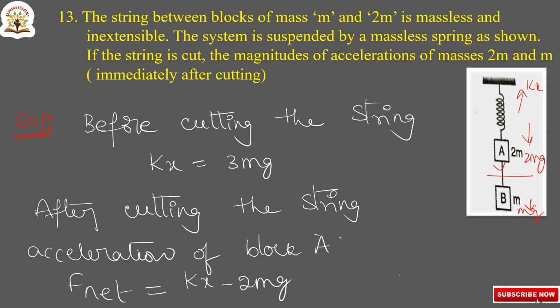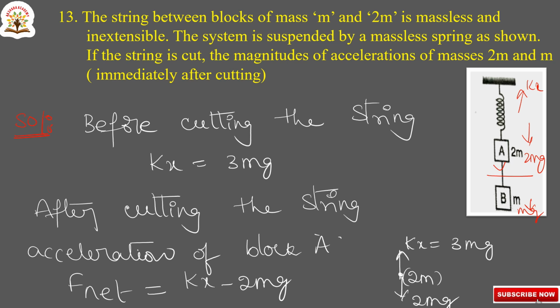Here we are taking mass 2m for block A, kx is equal to 3mg, and downward 2mg.